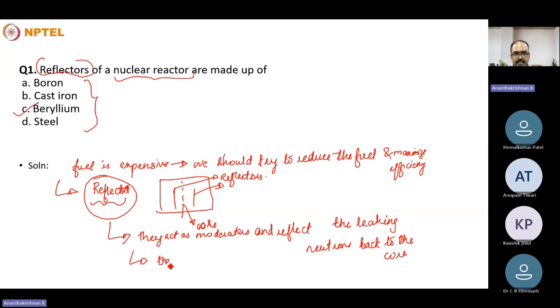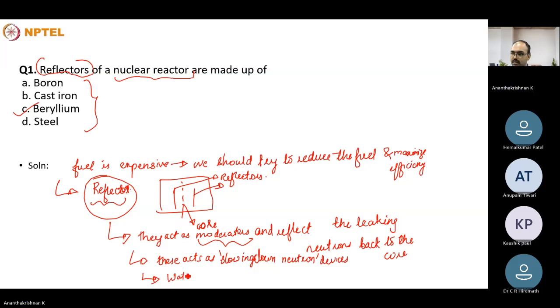Moderators are basically slowing down neutron devices. And usually the materials that will be used as reflectors will be water, graphite, heavy water, and beryllium.